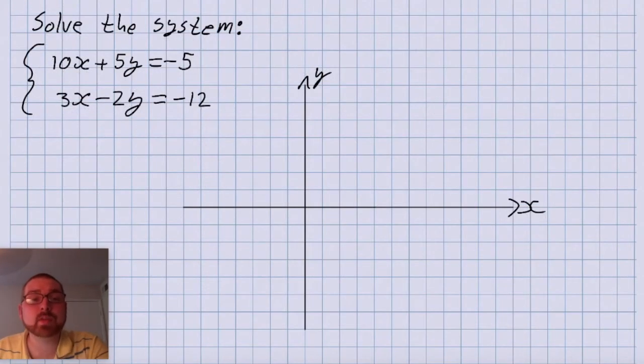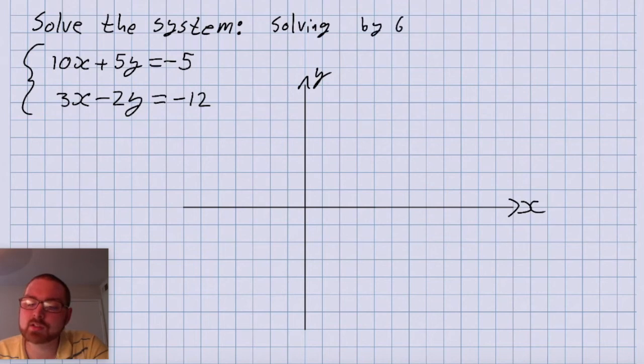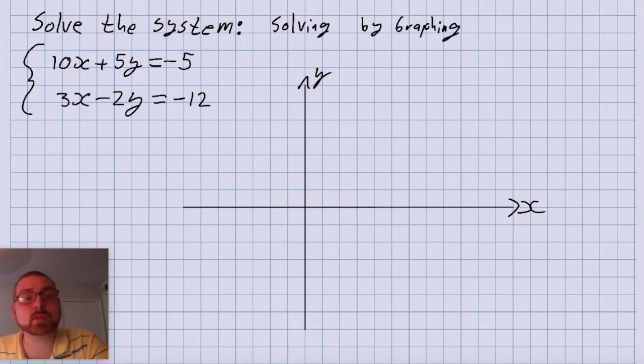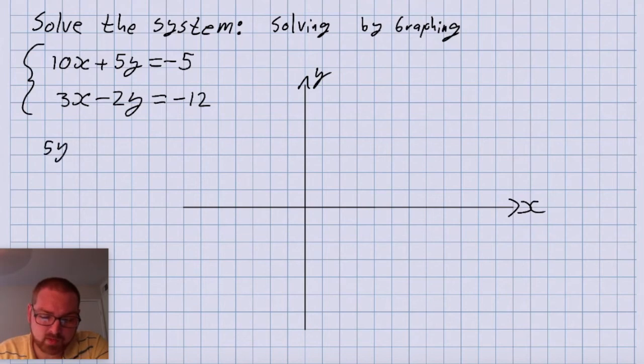So the last method we're looking at is solve by graphing. What we're going to do is solve these equations for slope-intercept form. So I'm going to start with that first one, which is going to become 5y is negative 10x minus 5. So y is negative 2x minus 1.